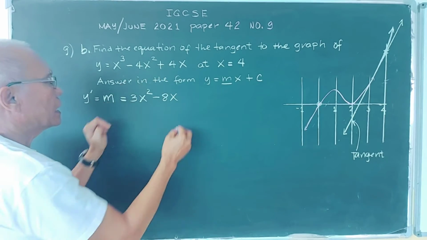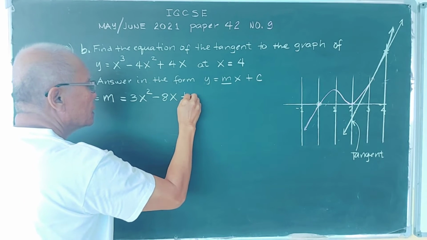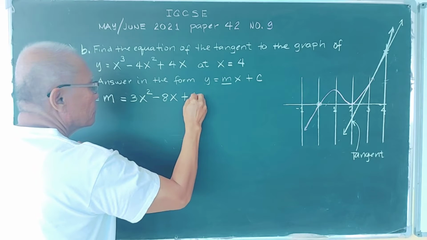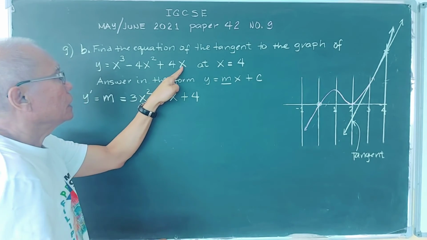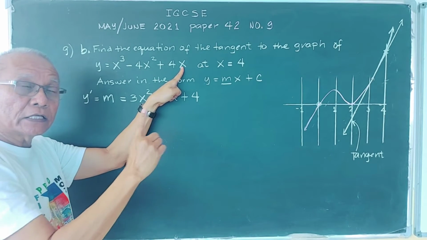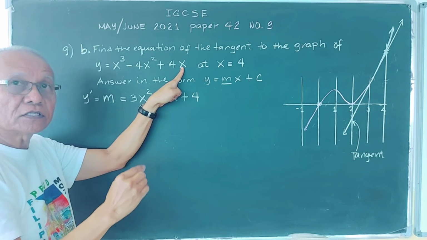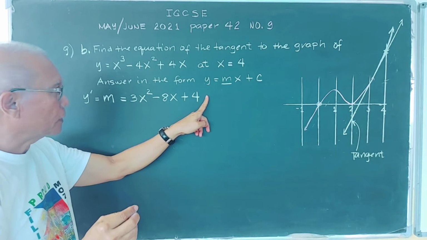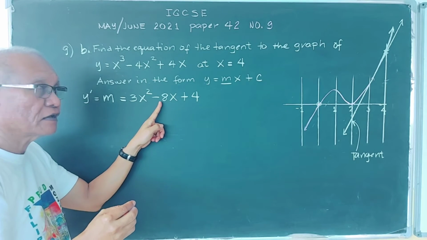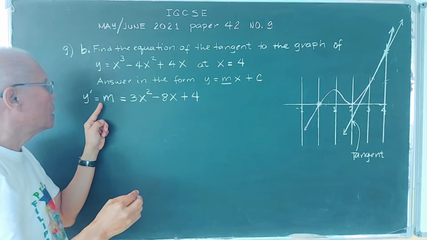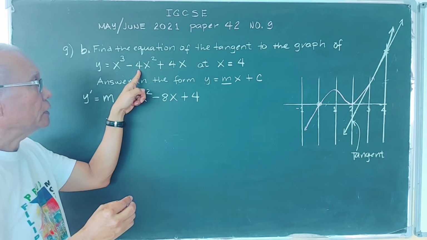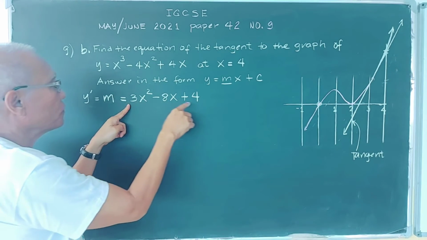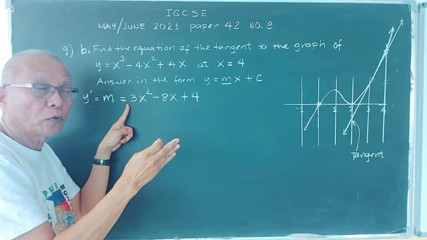Plus 1 times 4 is 4. x to the 1 minus 1 is 0, x to the 0 is equal to 1, so we don't have the x here anymore. This is the derived function, dy dx, the equation for the slope.